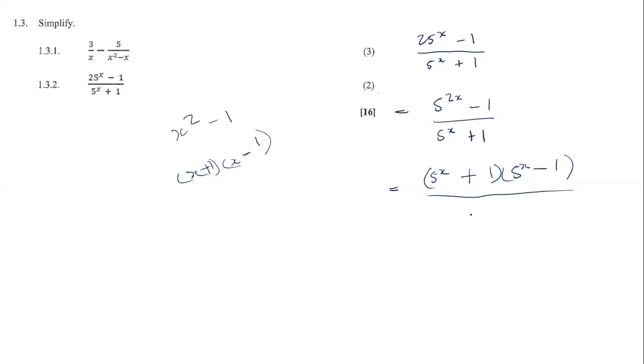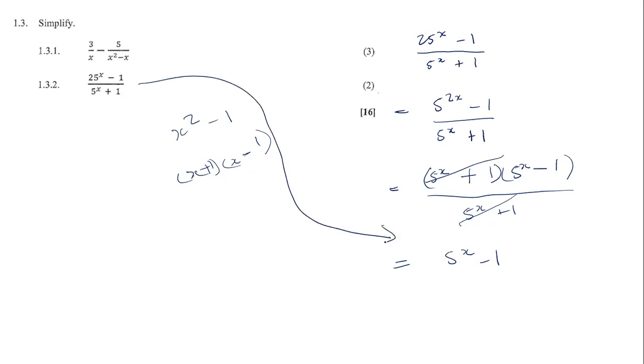And therefore, at the bottom, we have 5 to the power of x plus 1. We can see that now we can cancel something after factorizing this. So this and this are going to fall off. And therefore, the final answer will be 5 to the power of x minus 1. Can you see how we simplified this? We broke it down into smaller pieces. So this is how we simplify this expression.